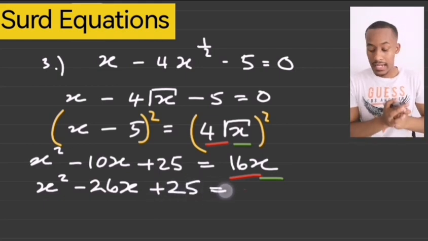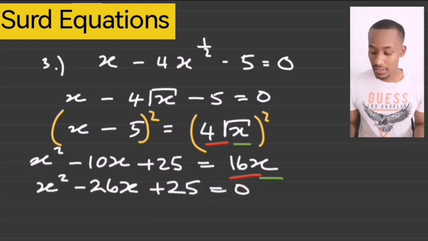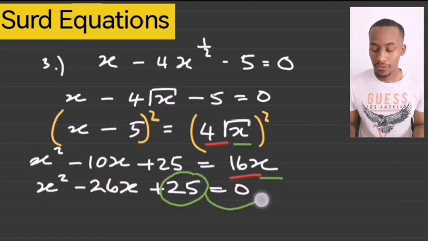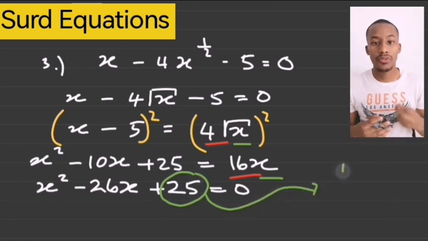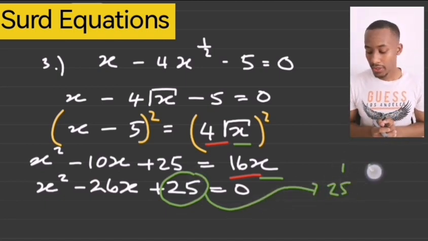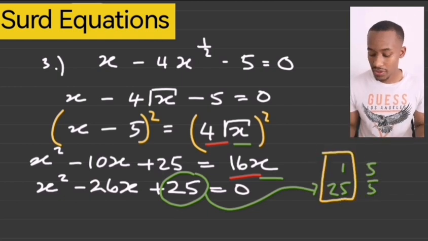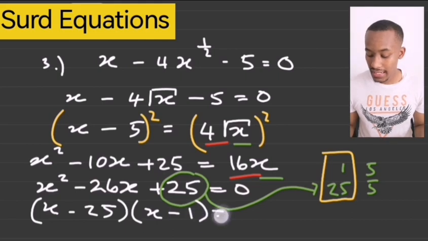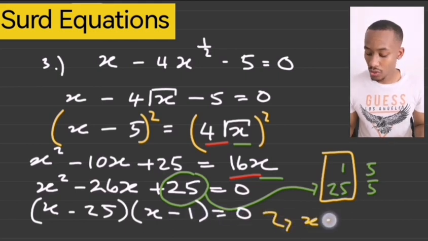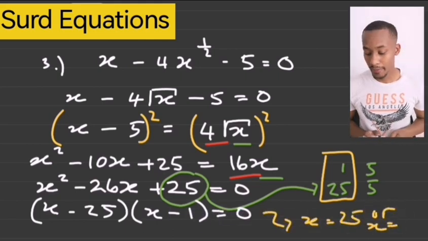Now this can be factorized. The factors of 25 are 25 and 1, or 5 and 5. But we're going to choose 25 and 1 because that adds up to 26. So therefore your answer is x equal to 25 or x is equal to 1.